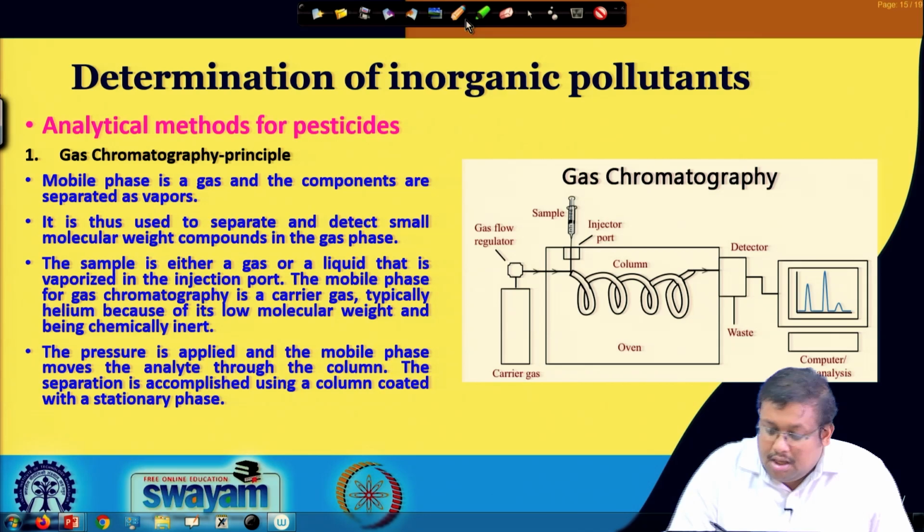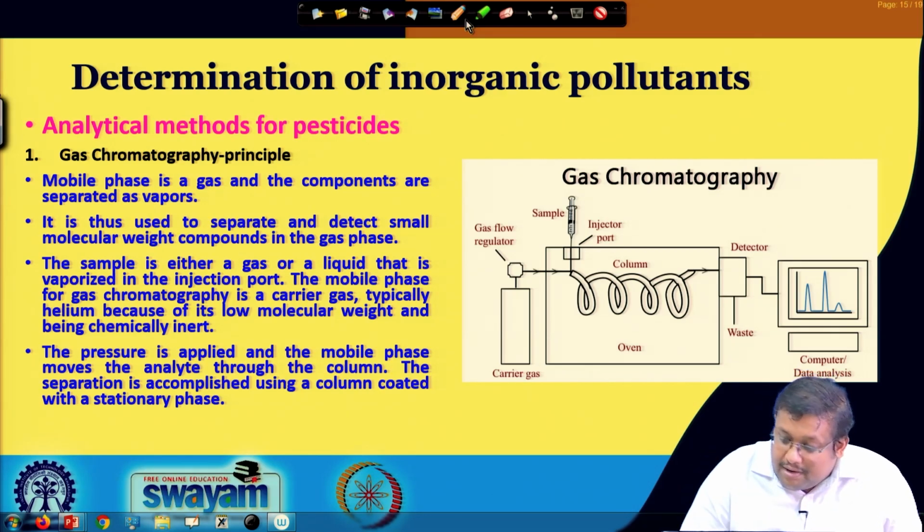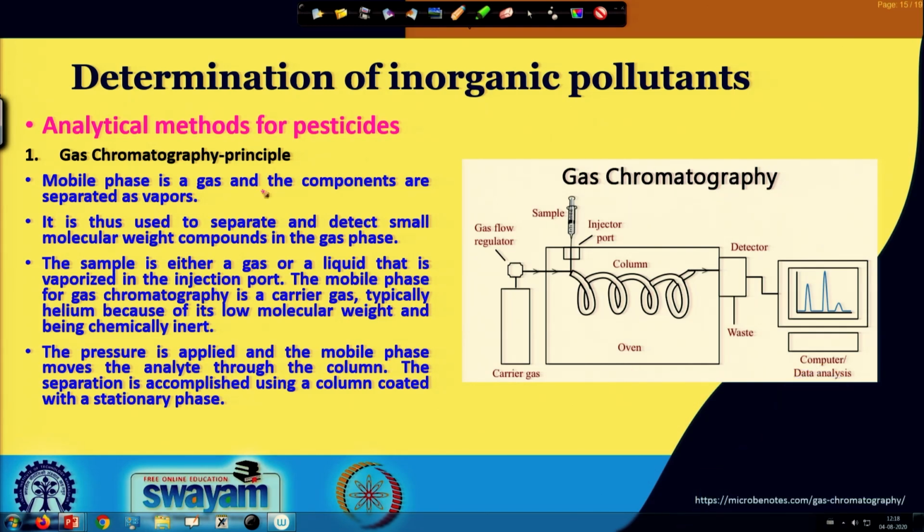This shows the schematic of the different components of the gas chromatography. In gas chromatography, the mobile phase is a gas and the components are separated as vapors. It is thus used to separate and detect small molecular weight compounds in the gaseous phase. The sample is either a gas or a liquid that is vaporized in the injection port.